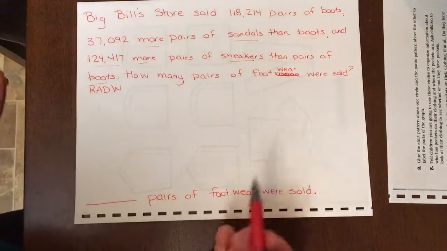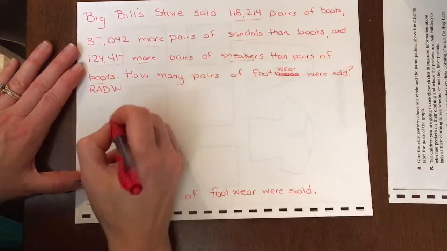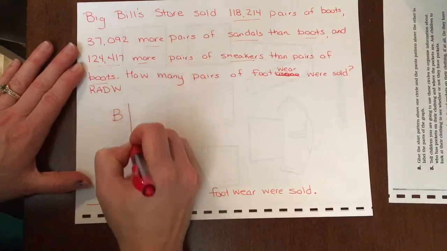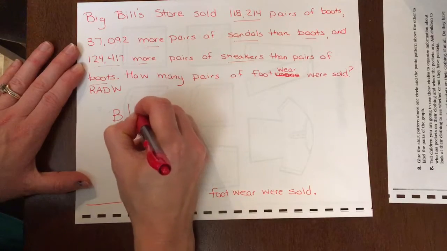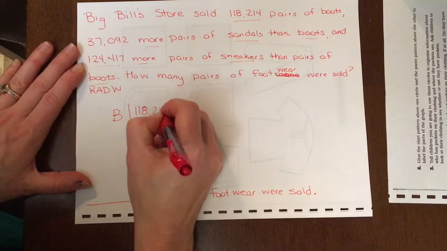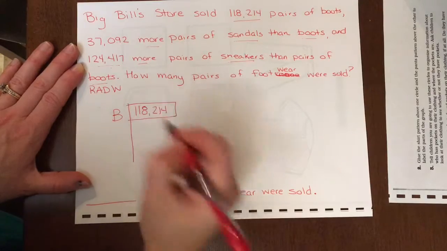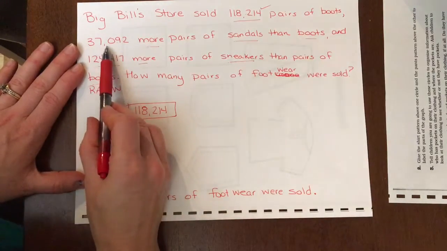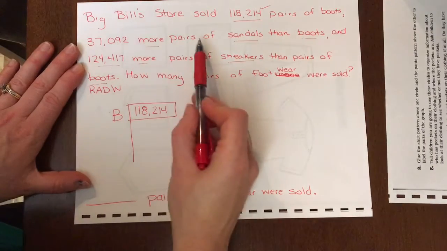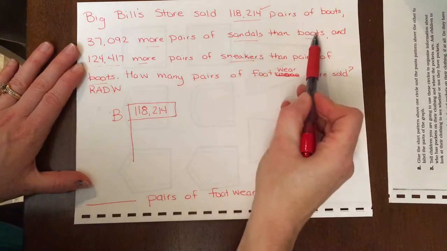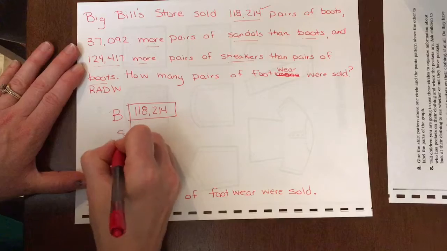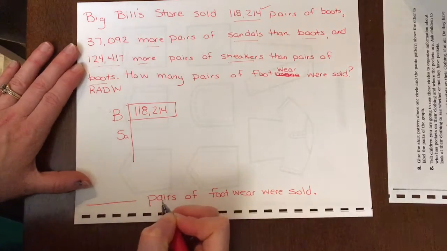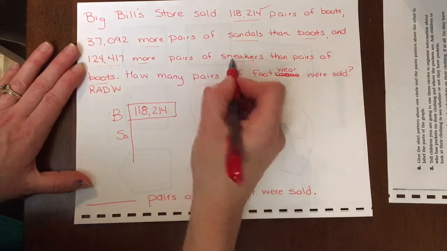So I'm going to start off with what I know. I know that 118,214 pairs of boots were sold. I'm going to put my box around it. So my boots are done. I know it's 37,092 more pairs of sandals than boots. So I have SA for sandals, because I see sneakers is here.